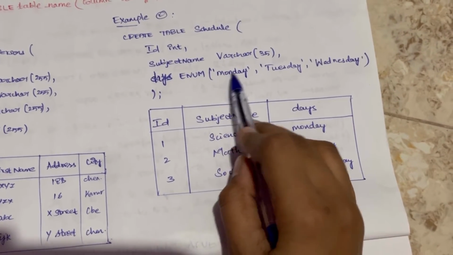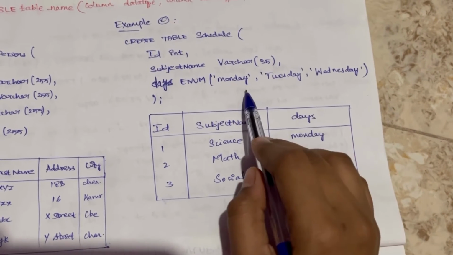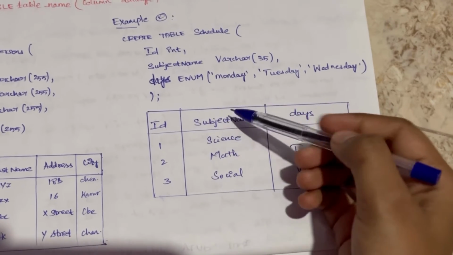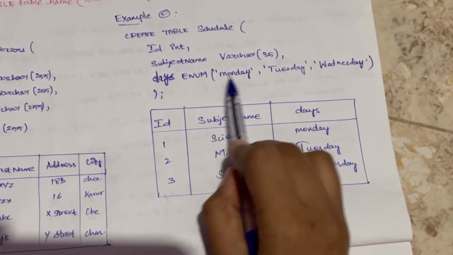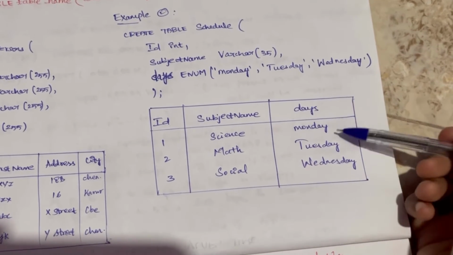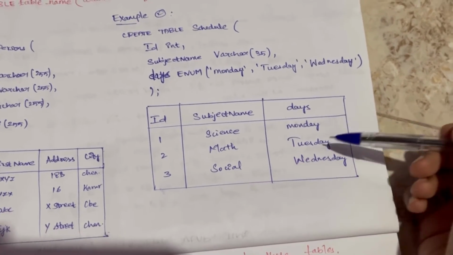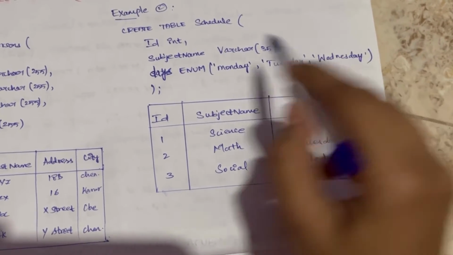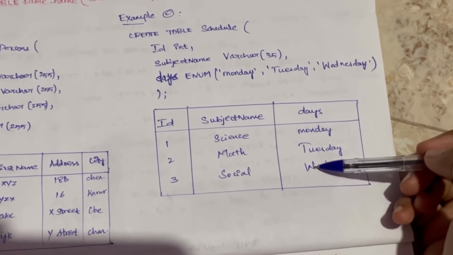So you can have any value, like I am using Monday, Tuesday, Wednesday only. Okay, so you can have any number of values in enum. So basically it means that for days column, whatever value is mentioned in enum only you will be inserting. You cannot insert any other value other than what is mentioned in this enum. If you insert any other value, it will be blank.